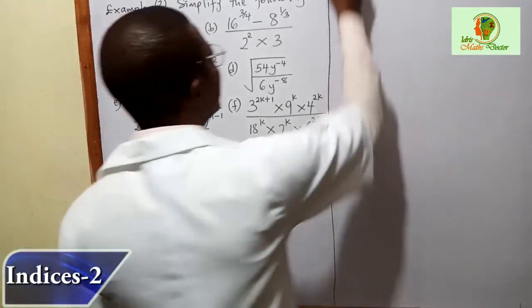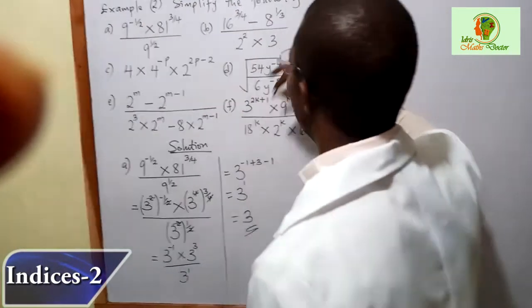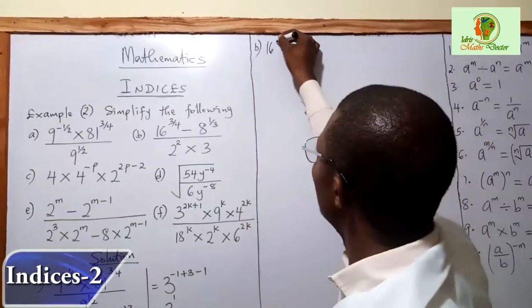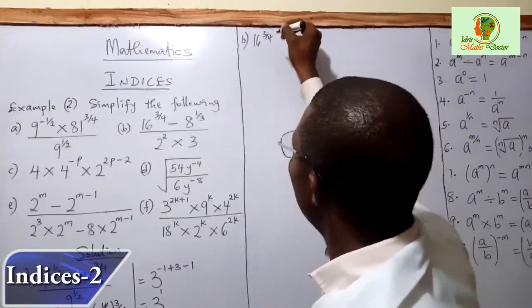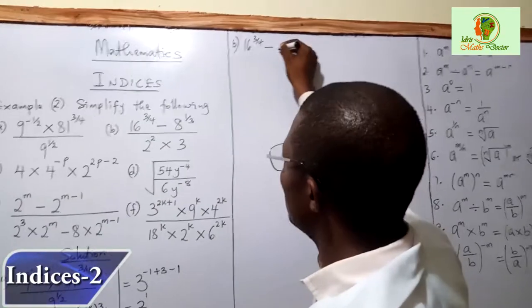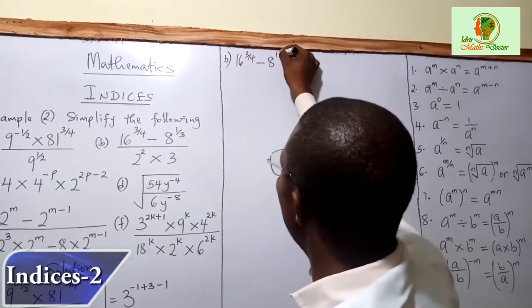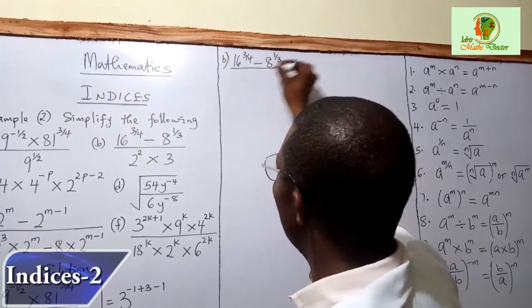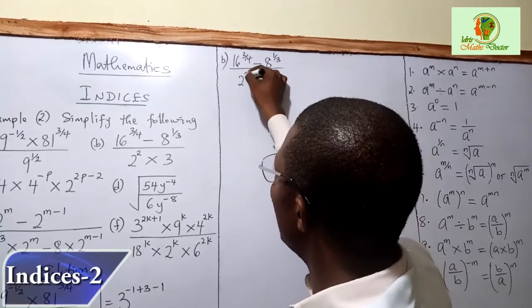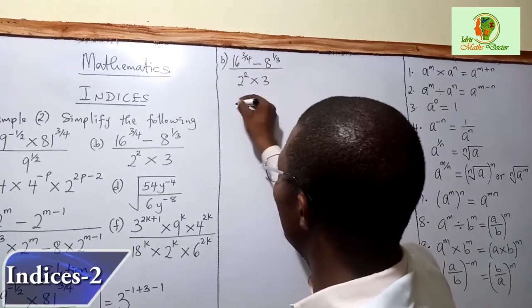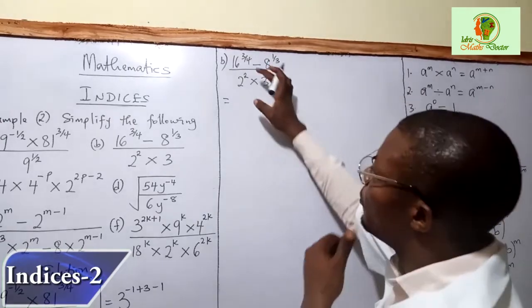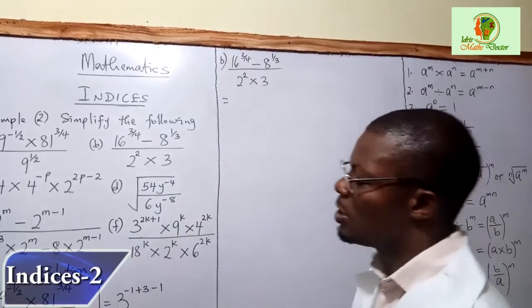Question B. We have 16 raised to power 3 over 4 minus 8 raised to power 1 over 3, all over 2 raised to power 2 times 3. The 4 here, as usual, let's use the method I used here.